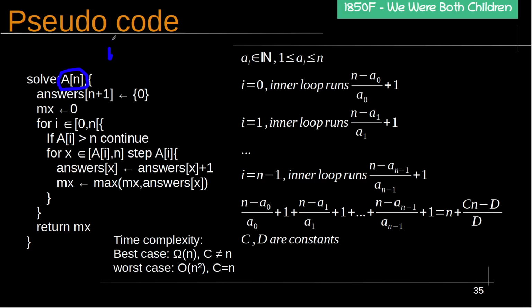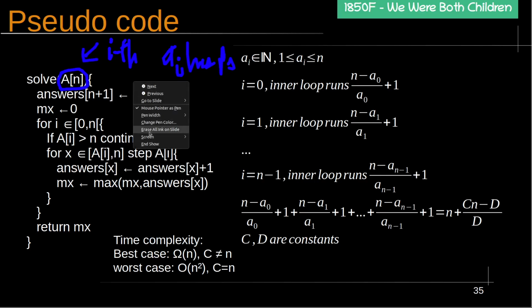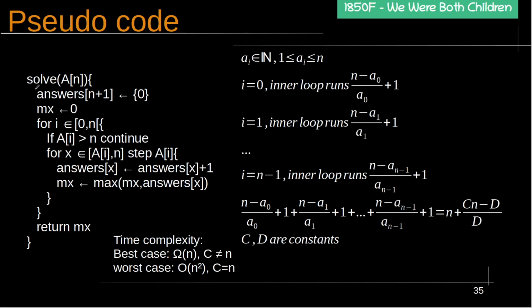So for the ith frog, we have the a_i hops in the array A. We have our array of answers of size n+1. This will contain the maximum number of frogs that could be caught.